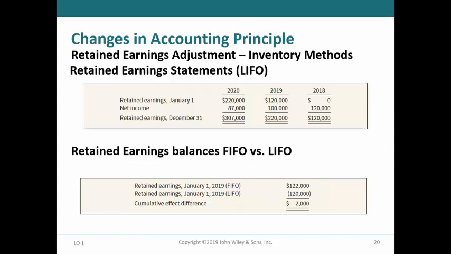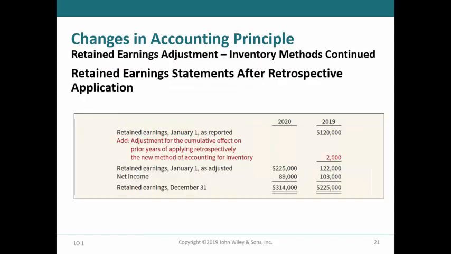Again, it is important to remember that the credit of $5,000 to retained earnings in the journal entry made included the 2019 effect also. This slide shows the presentation of retained earnings for the 2019 and 2020 periods.